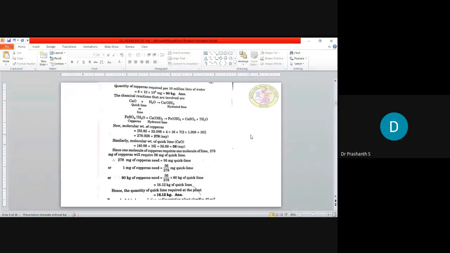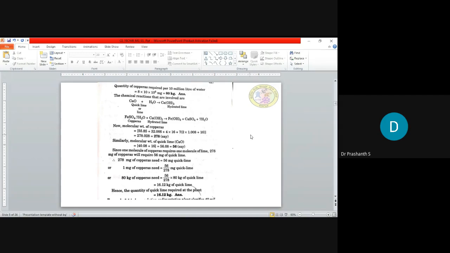That means for every one part of copperas, 278, we require 56 milligrams of quicklime. So 278 milligrams of copperas requires 56 milligrams of quicklime to form ferric hydroxide. So what is needed for 1 milligram of copperas? 1 milligram of copperas needs 56 by 278 milligrams of quicklime.